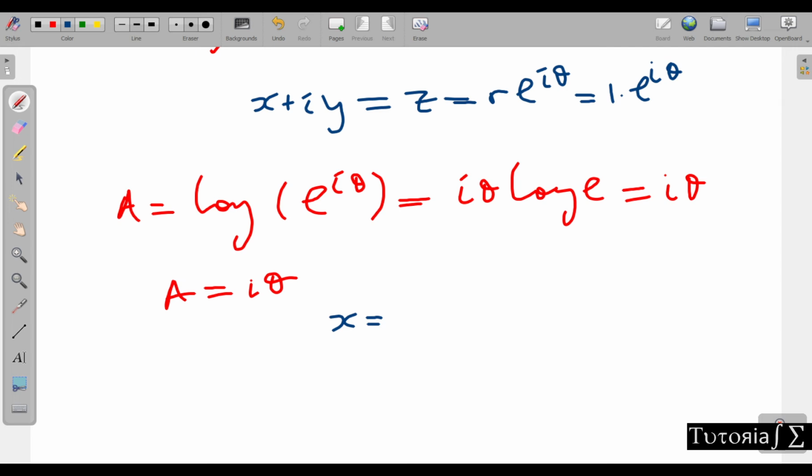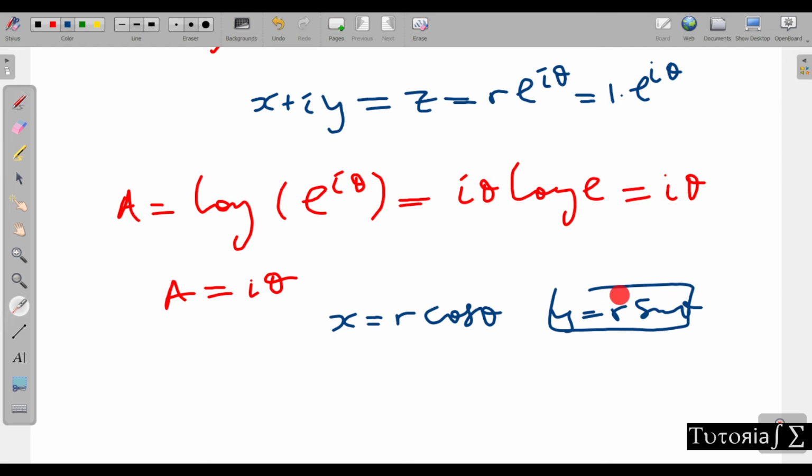Cos theta. R cos theta, very good. This is x in polar form, and y in polar form is equal to what? R sin theta. So you should take note of this, but we're not using this part. We're just interested in this part.